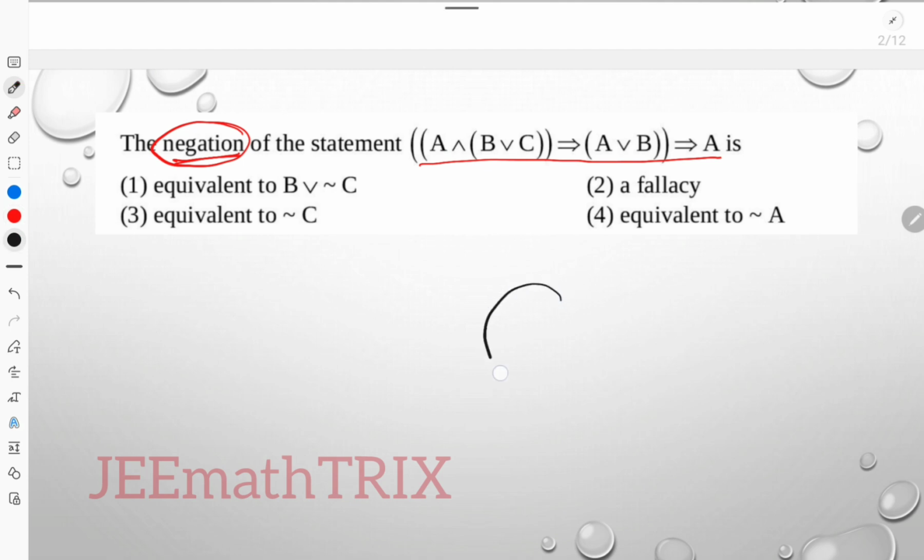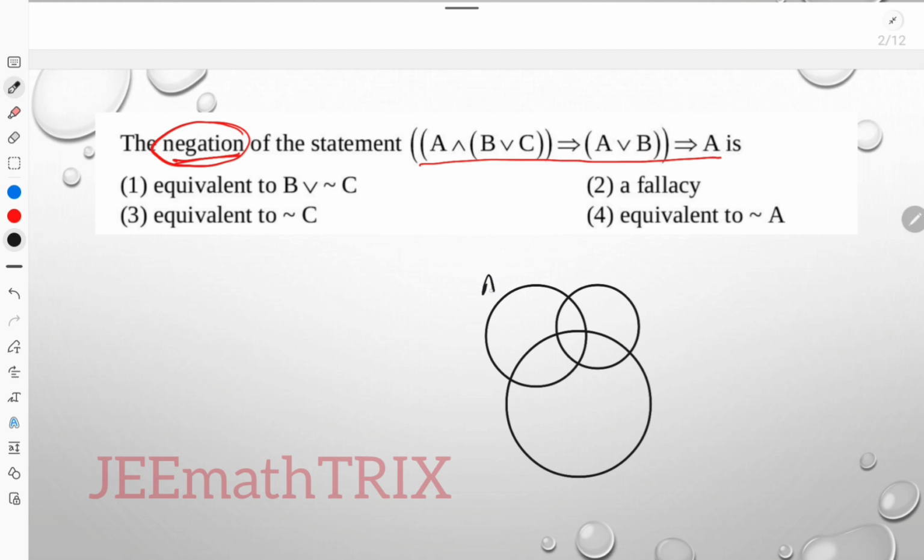So here, how many different statements are seen? Three statements: A, B, and C. That means if you take a truth table of A, B, C, you will get eight different types of statements.